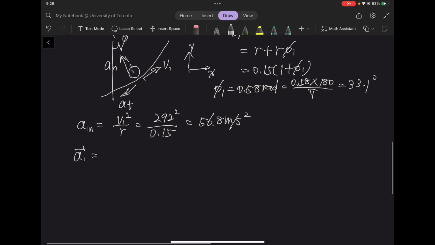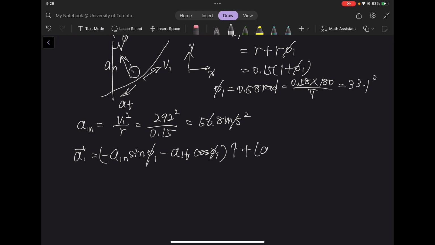So we would say A1 is equal to normal acceleration sine C1 minus A1 tangential cosine C1, times i, plus normal acceleration cosine C1 minus A1 tangential sine C1, times j.